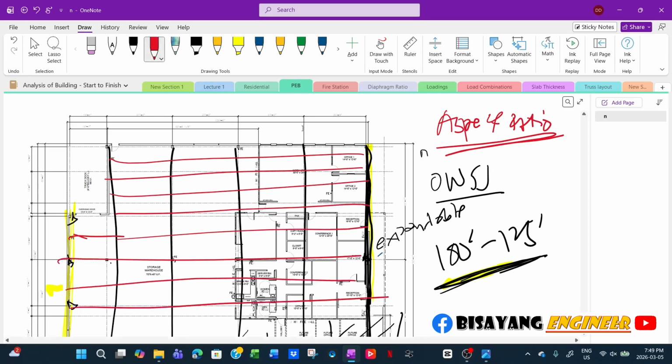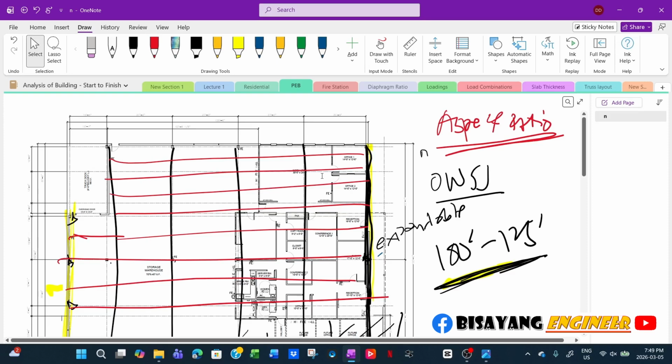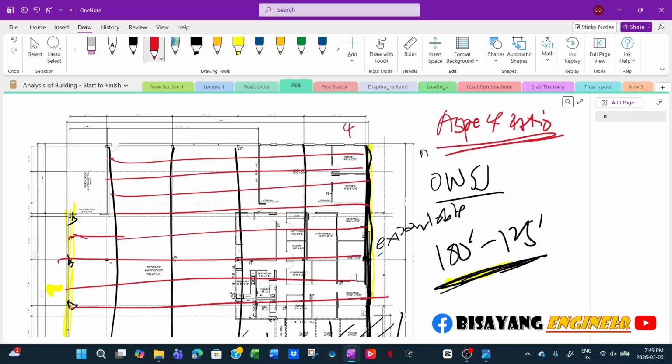The usual spacing for purlins is between 4 to 6 feet. That's the most common spacing.